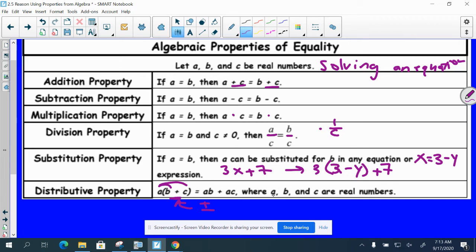Remember, if you have an exponent like (b plus c) squared, then you have to rewrite it as (b plus c) times (b plus c), FOIL it out. You cannot just distribute the square like this. That would be the wrong way. So just to recall from your algebra days last year.